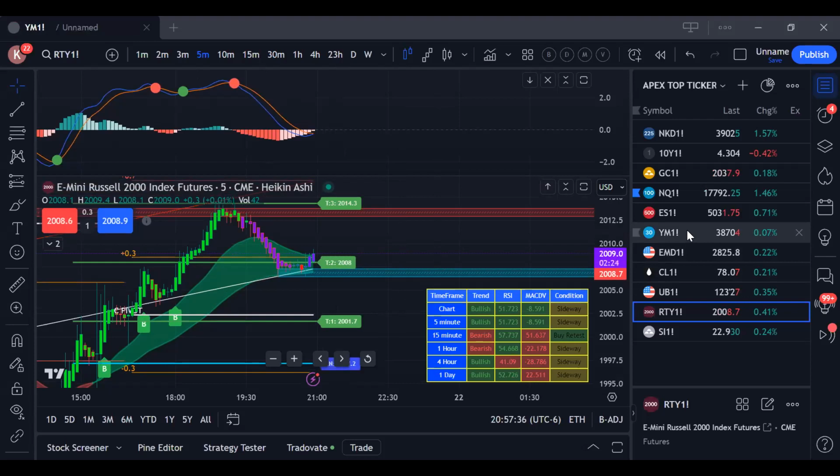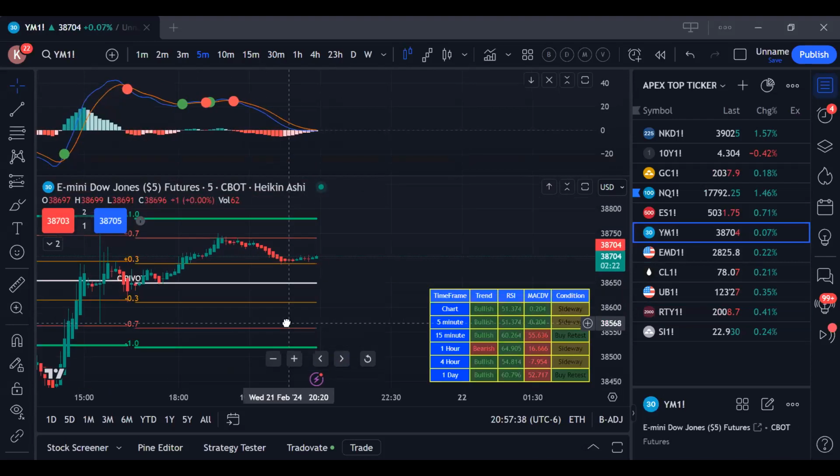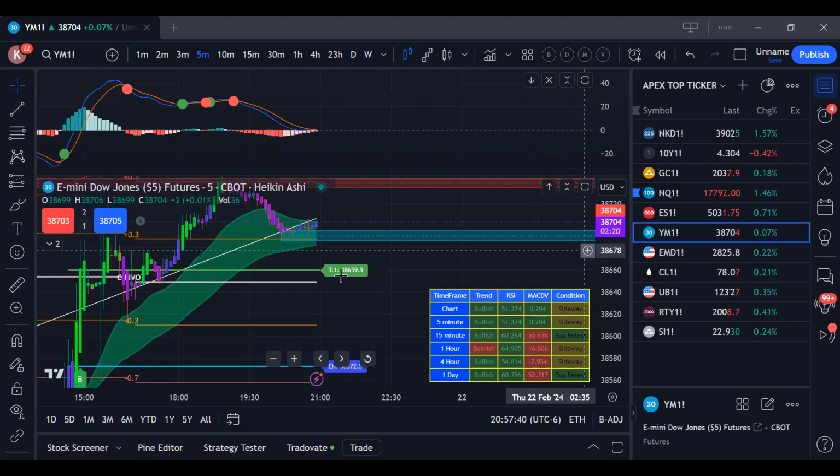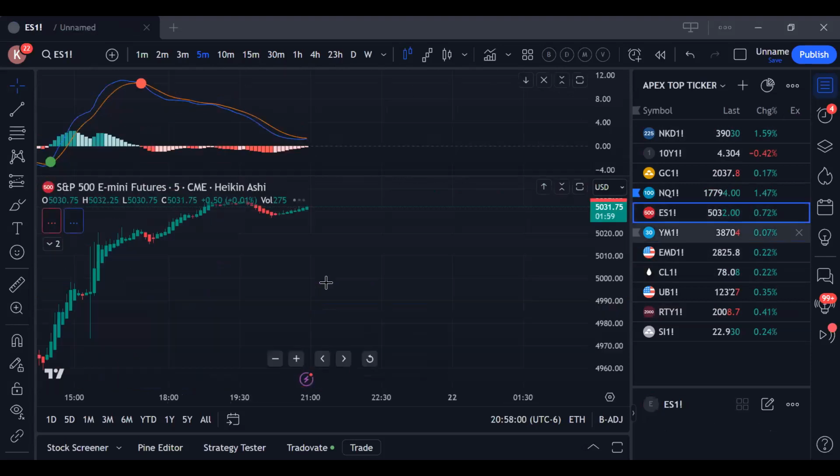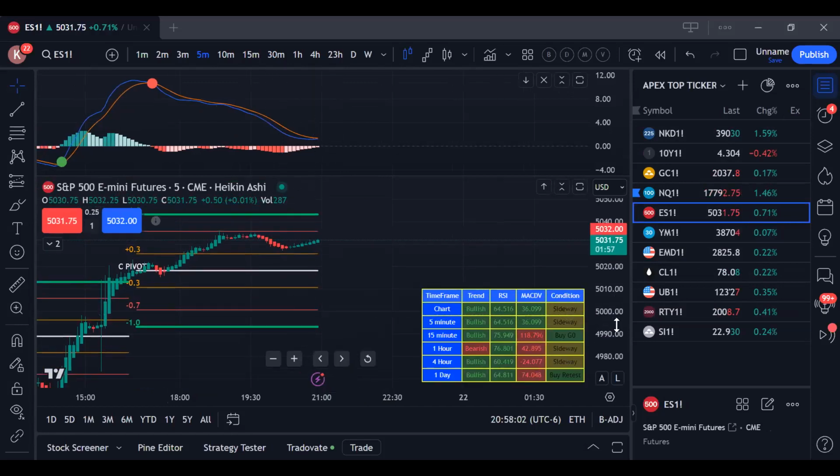If you see YM, same thing, it came, touched the support, and it will bounce. So generally NQ, ES, NKD, RTY, you can make profit on all of them. If one of them is going up, others also will go up, in 90% of the cases.